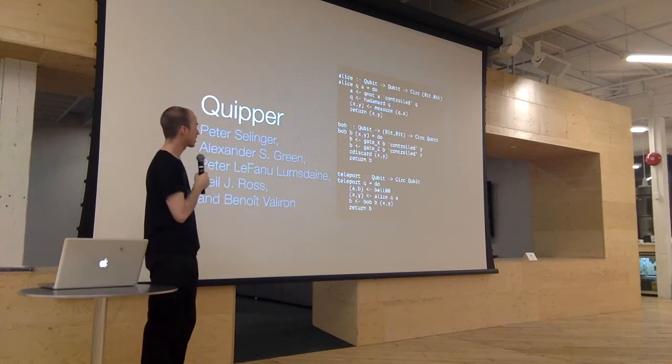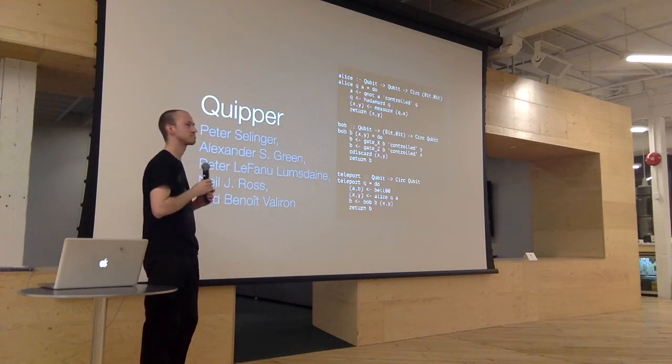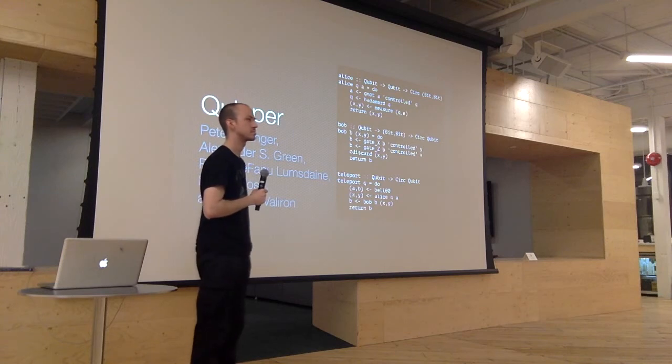It's implemented in Haskell, and it includes, among other things, an actual quantum computer simulator. So that means that you can actually run this on a regular non-quantum existing computer.